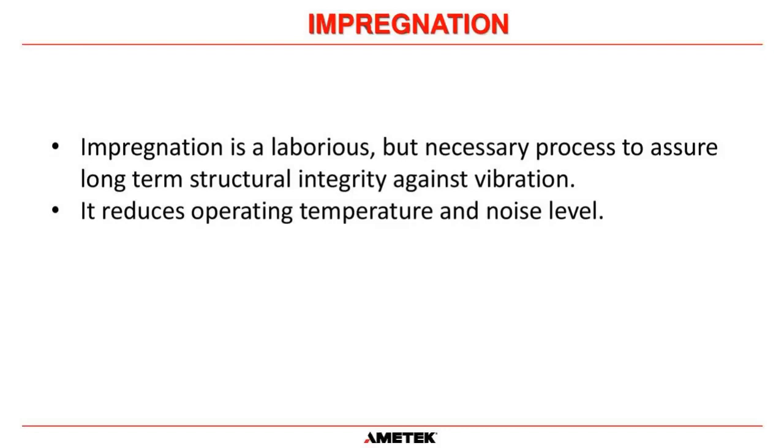We spend a lot of effort with it because these transformers, when they come out, they're going to go into a UPS that's going to do battle for a long time, sometimes 40 years. So we want these things to last. Another advantage to the impregnation process is it actually reduces operating temperature, and the audible noise is considerably reduced.